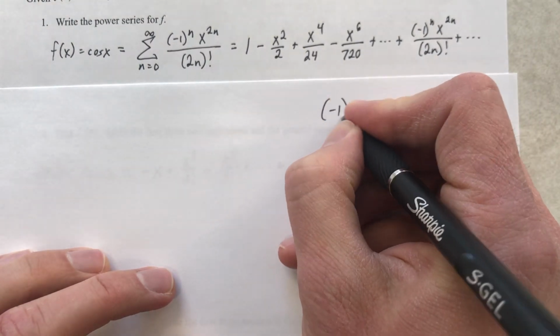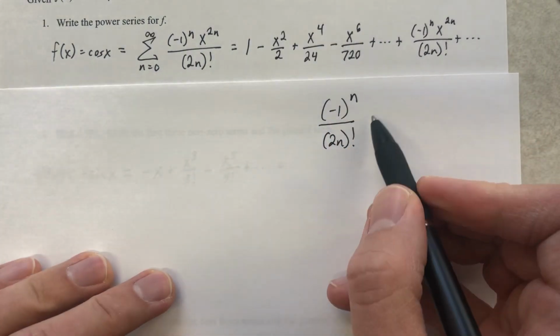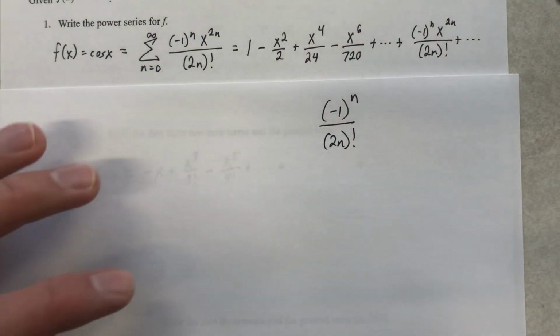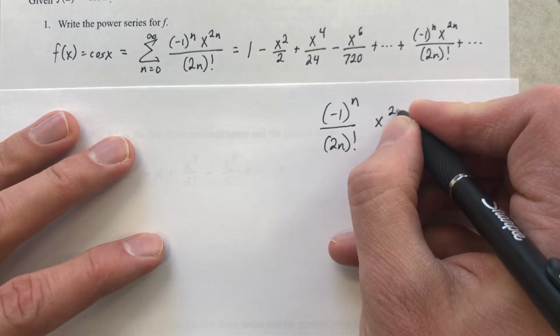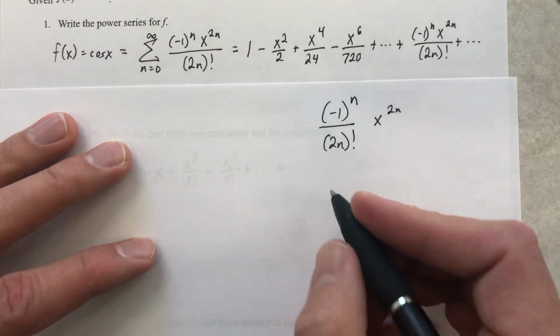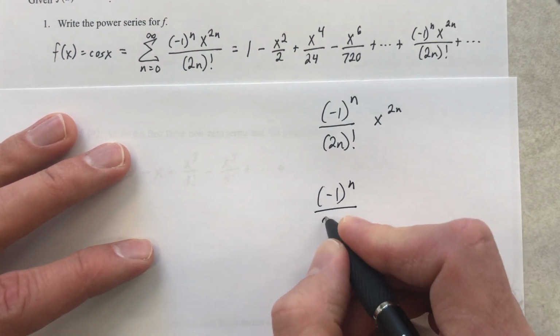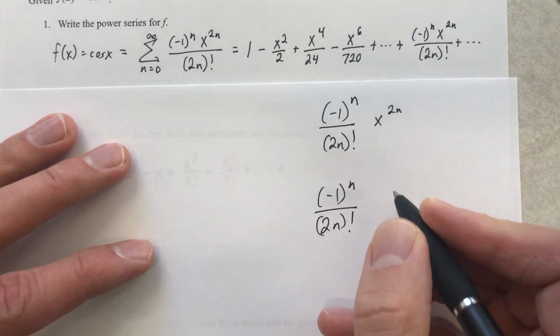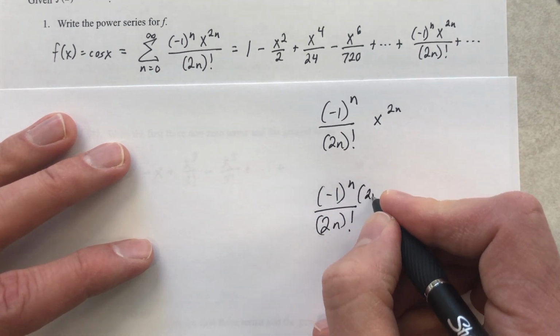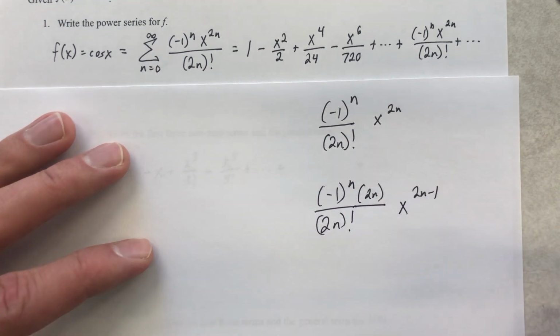We have negative 1 to the n over 2n factorial. I just like to write my coefficient as just a pure coefficient, and then x to the 2n, right? I'm going to take the derivative of that, the way I've been doing derivatives for a long, long time. Negative 1 to the n over 2n factorial multiplied by 2n. That puts the 2n in the numerator. You can see what's about to happen. And then we'll subtract 1 from that exponent.